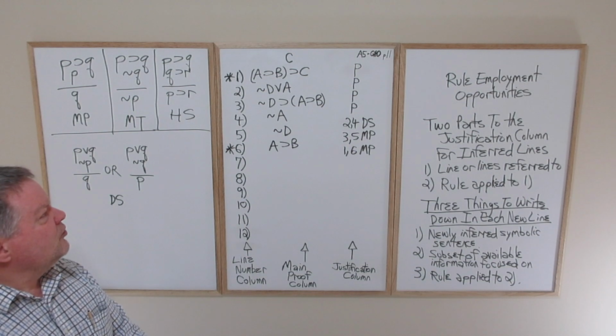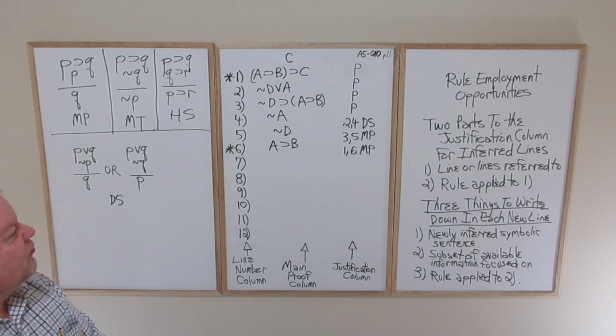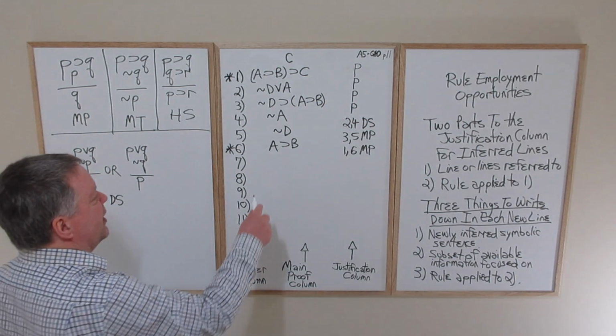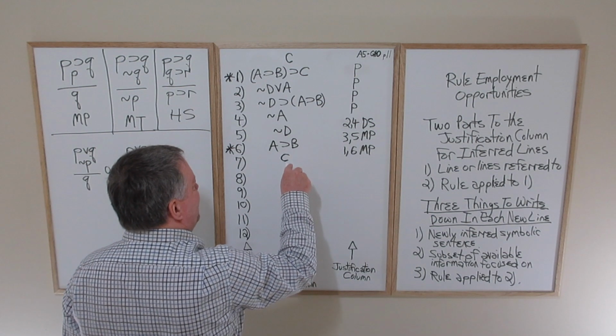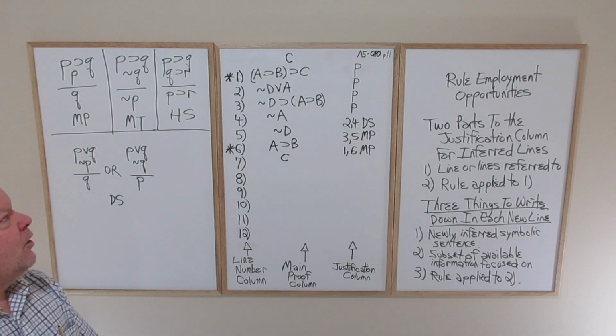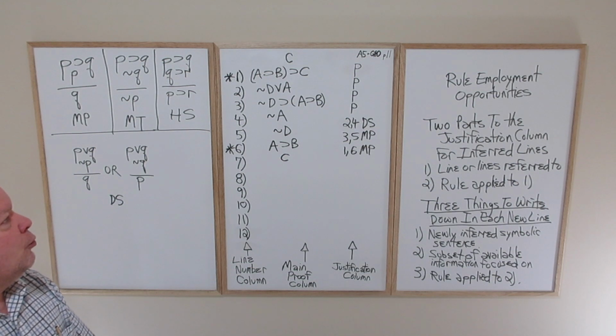So in 1 and 6, we've satisfied the rule employment requirements for modus ponens a second time, and this entitles us to infer the consequent of the conditional in line 1, which is C.